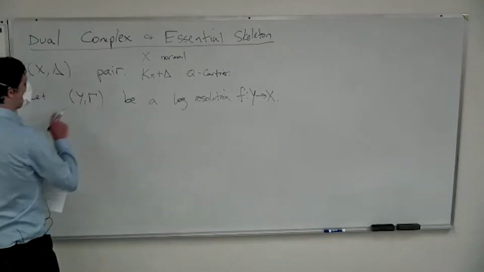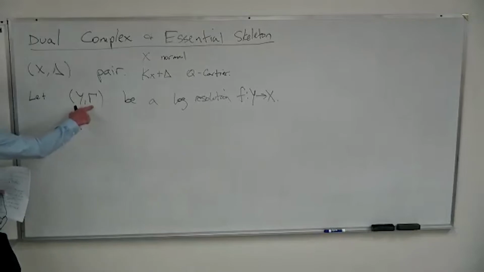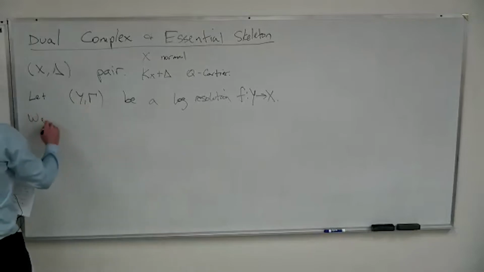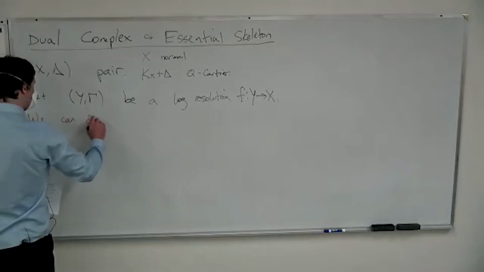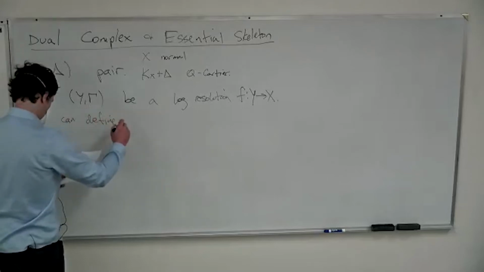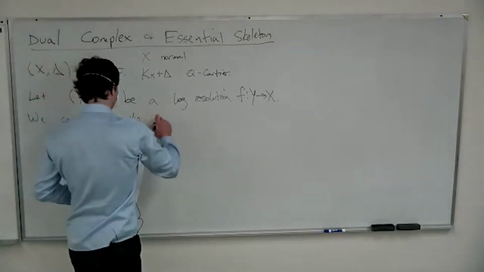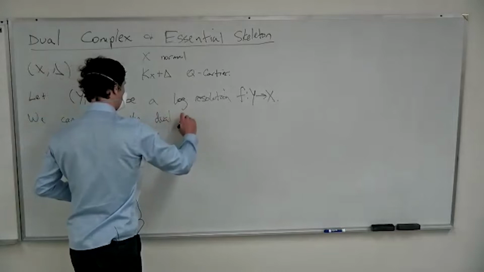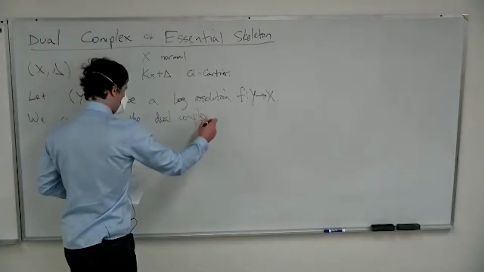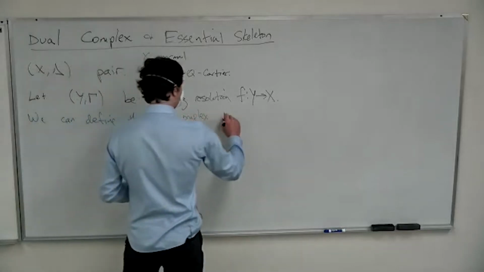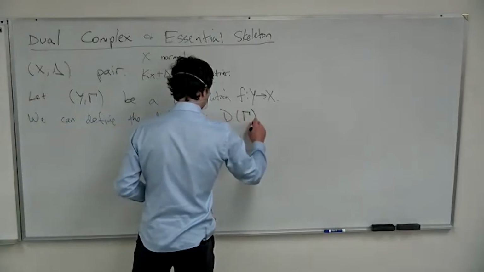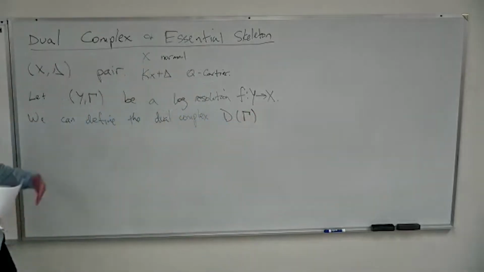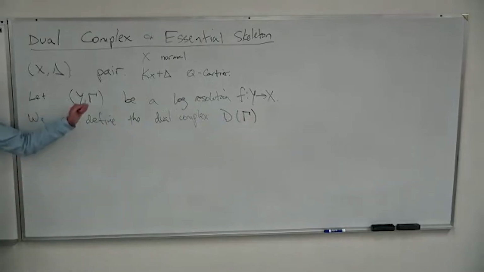Because Gamma has normal crossings, we can define the dual complex D(Gamma). The idea is that this is just the intersection complex: Gamma is a sum of irreducible divisors, and they have intersections.